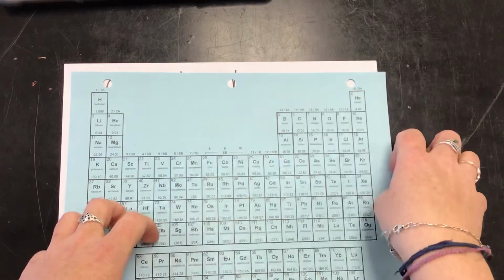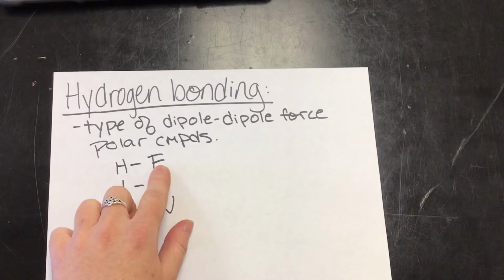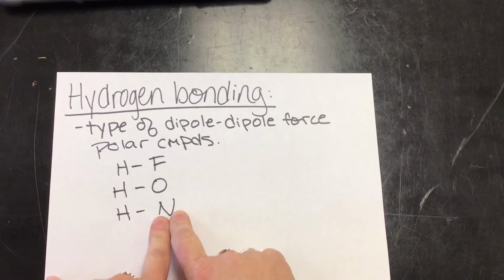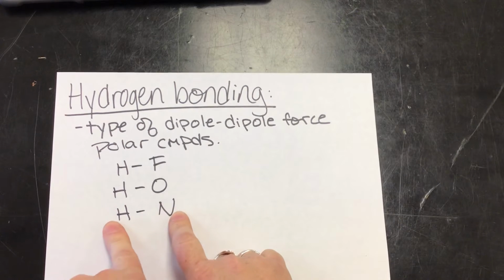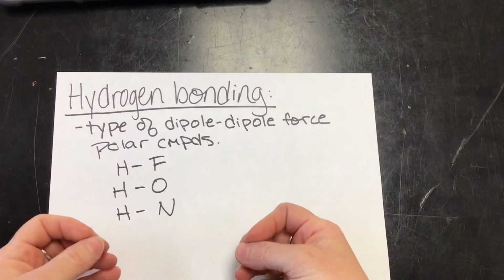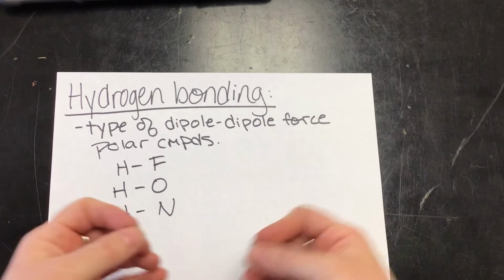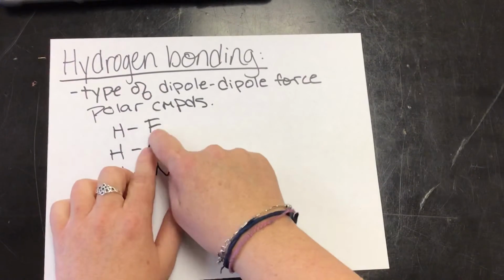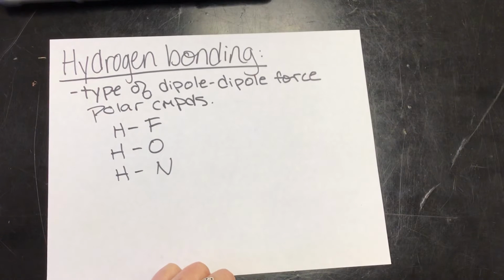You have one side of the bond, the fluorine, the oxygen, the nitrogen, that is so electronegative compared to the other side that it creates a very, very strong force of attraction when a hydrogen from a different molecule comes along and feels an attraction toward an unshared pair on one of those atoms. So we will take a look at an example of this one.